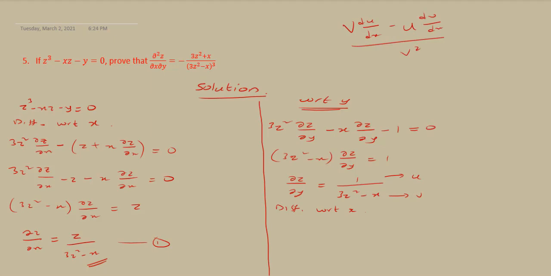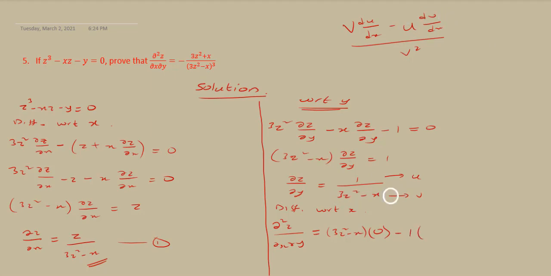So this one will become, following the quotient rule, v is 3z squared minus x, multiplied by du/ds. You know u is 1, and whenever you differentiate a constant, the answer is 0. Minus u, which is 1, times dv/ds.